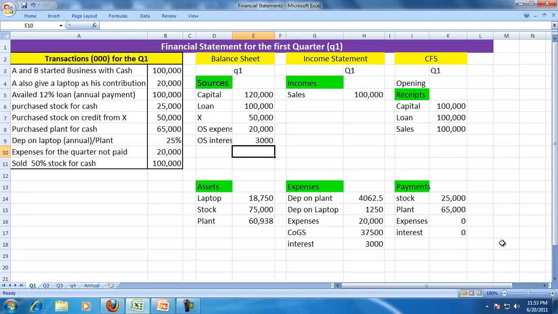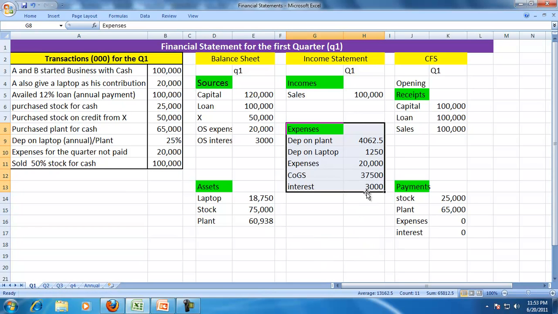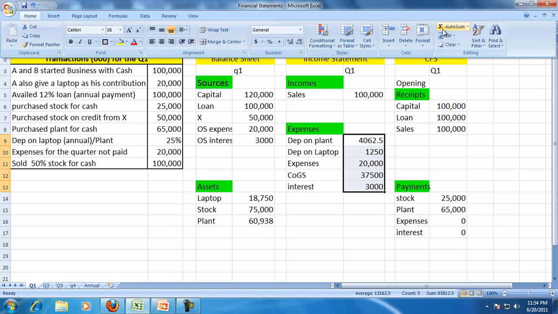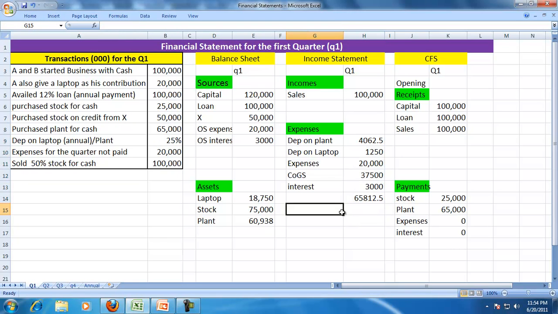Now all the transactions are done, so I have to find the expenses and incomes, so that I'll get the profit. The total expenses for the period is 68,000.